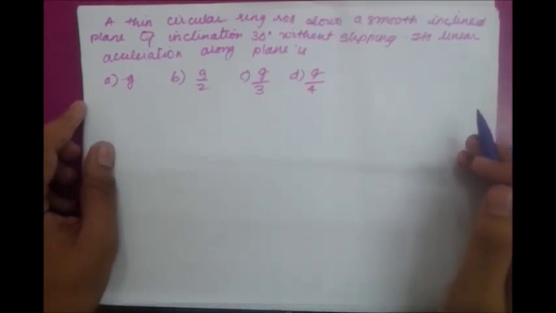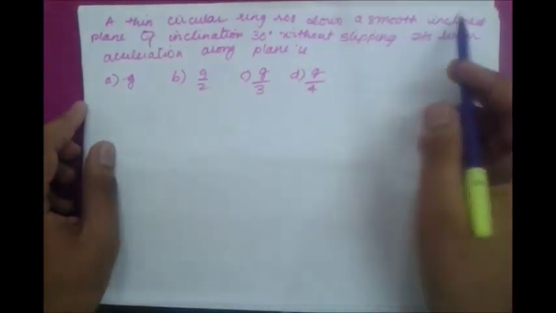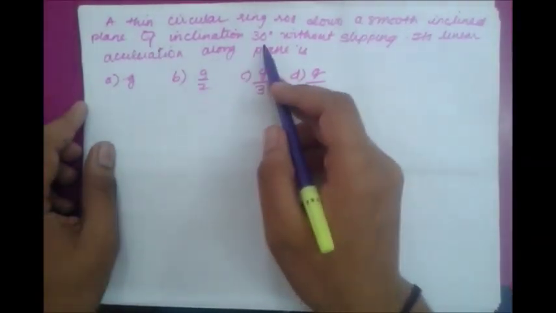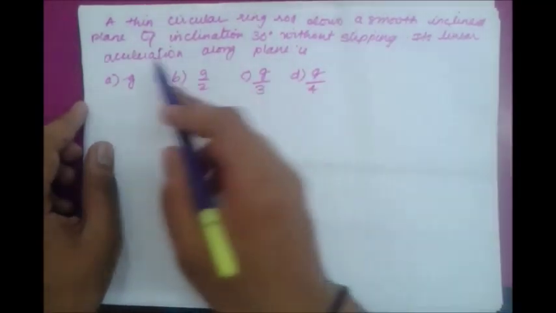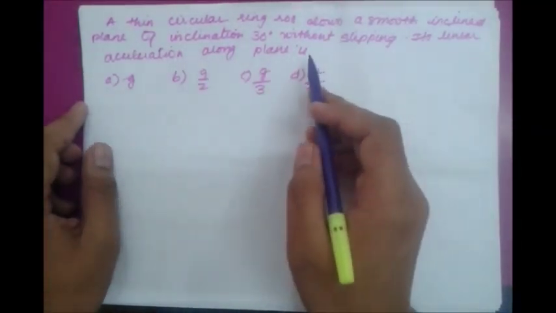A thin circular ring rolls down a smooth inclined plane of inclination 30 degree without slipping. Its linear acceleration along plane is.